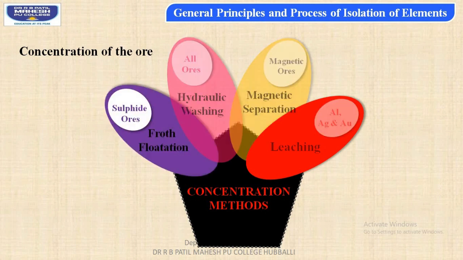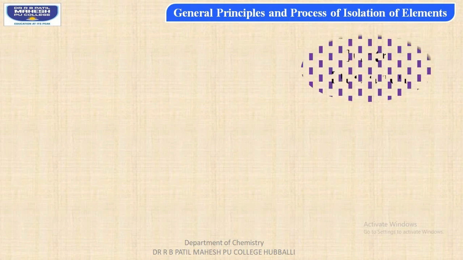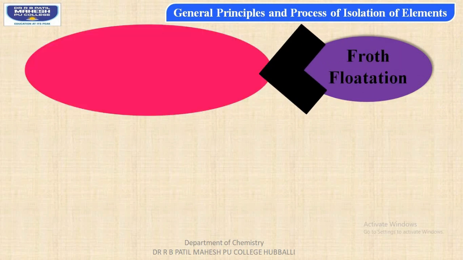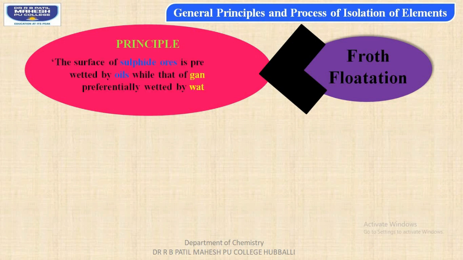So let's continue in detail about froth flotation, that is for sulfide ores. Okay, the froth flotation process, let us understand the principle involved in it. The surface of sulfide ores is preferentially wetted by oils, while that of the gangue is preferentially wetted by water.